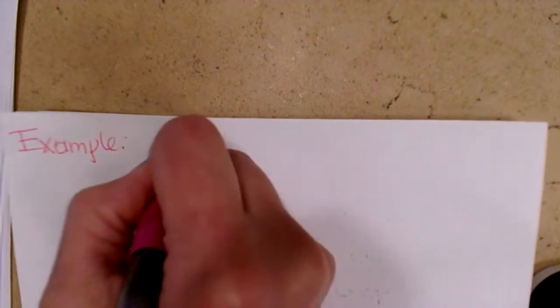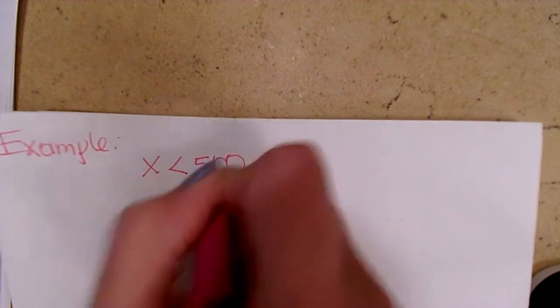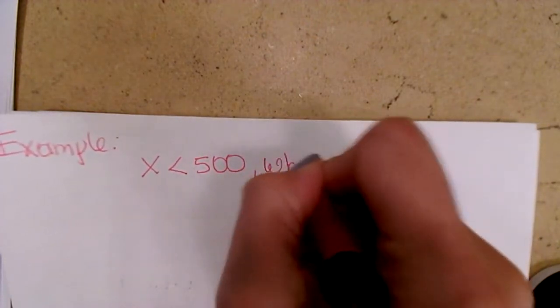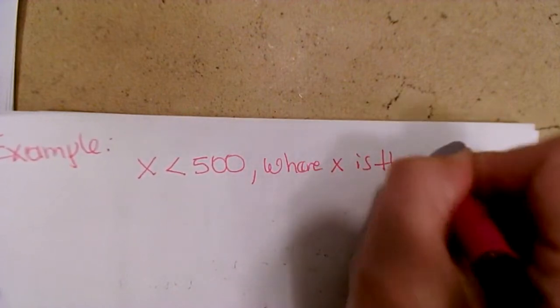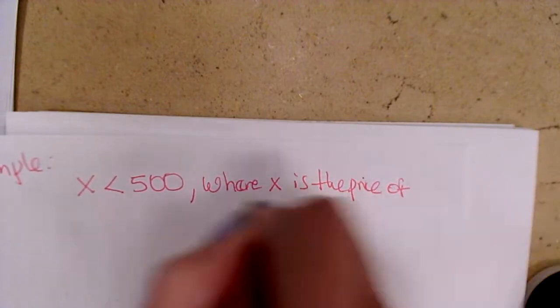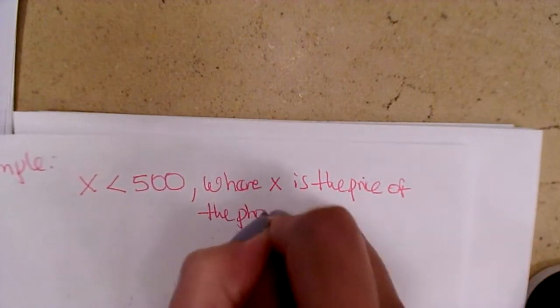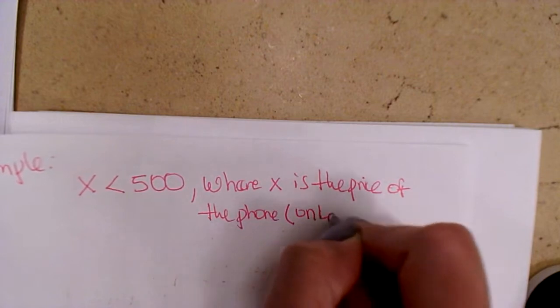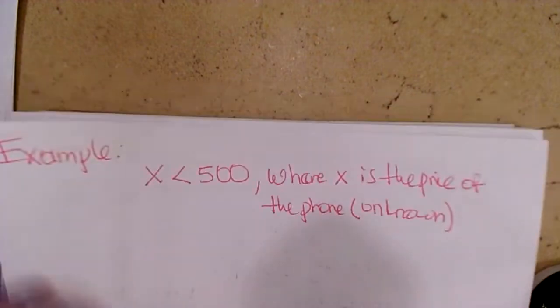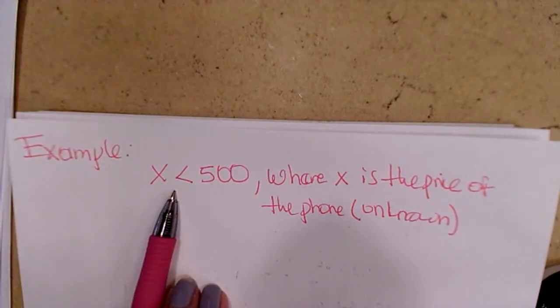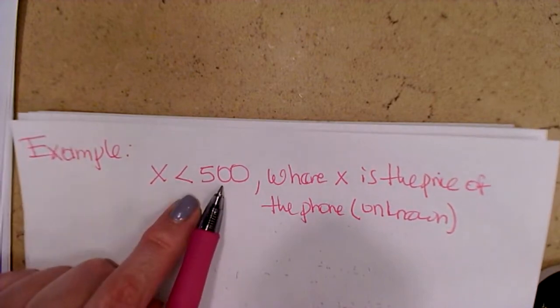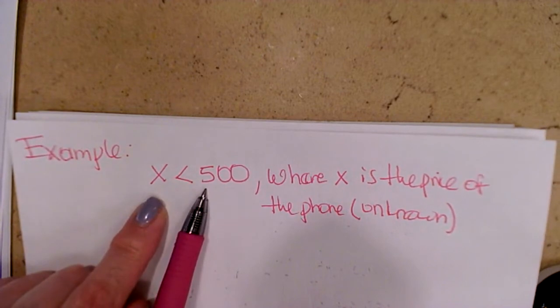We're going to say x is less than 500, right? Where x is the price of the phone, which right now is unknown because I don't know how much. So that's how we will write it.